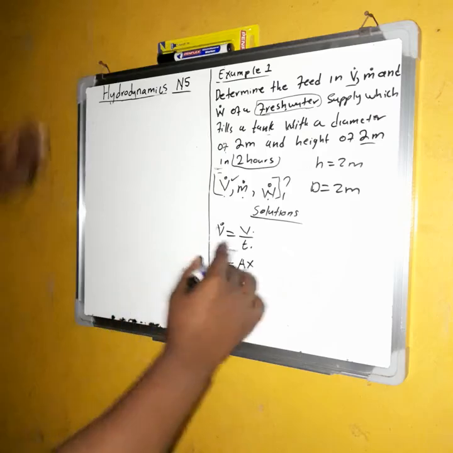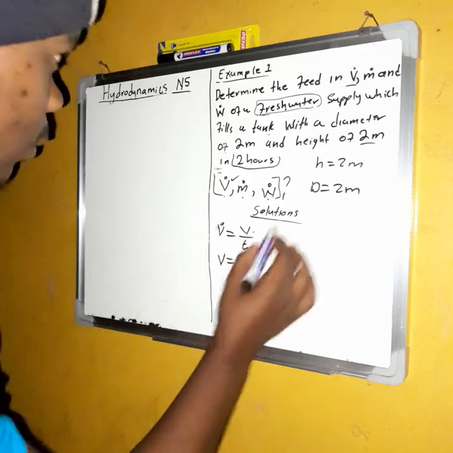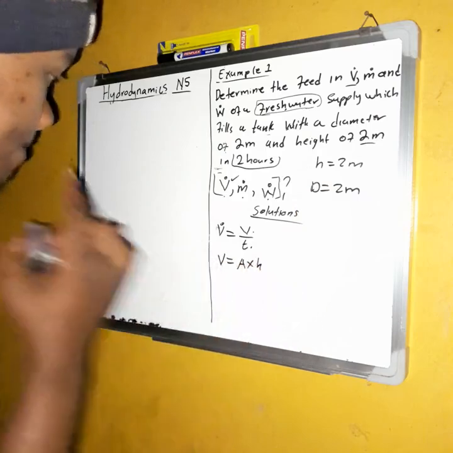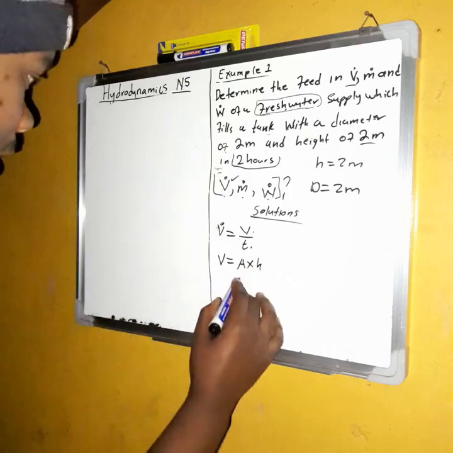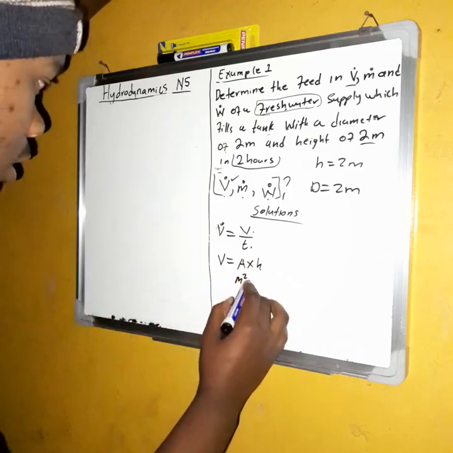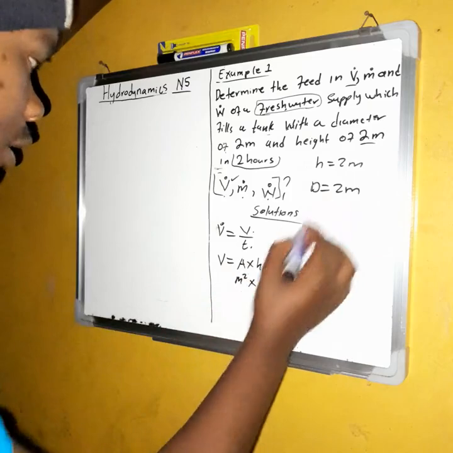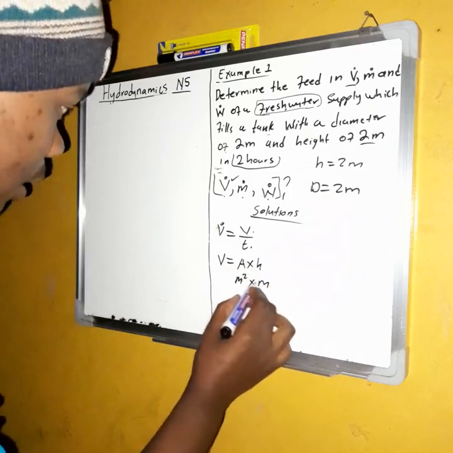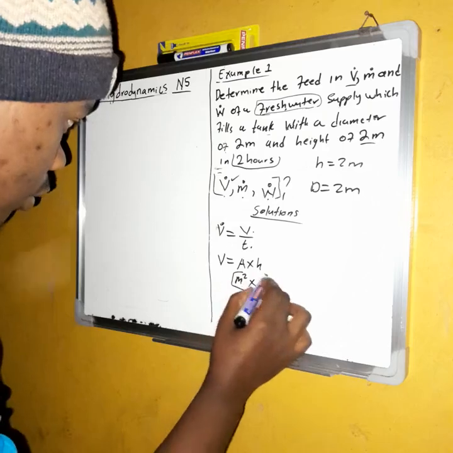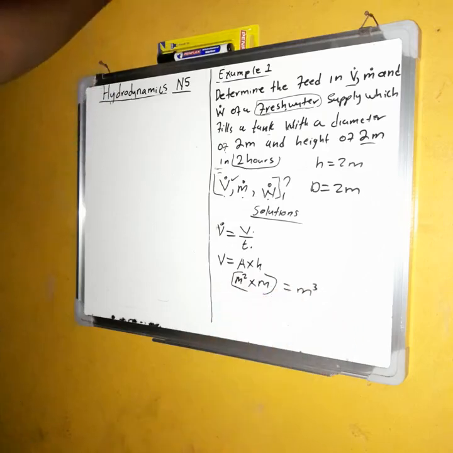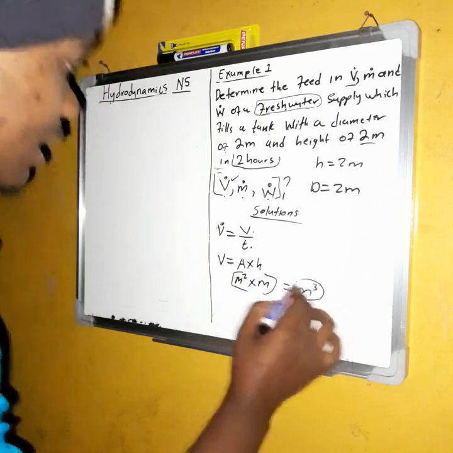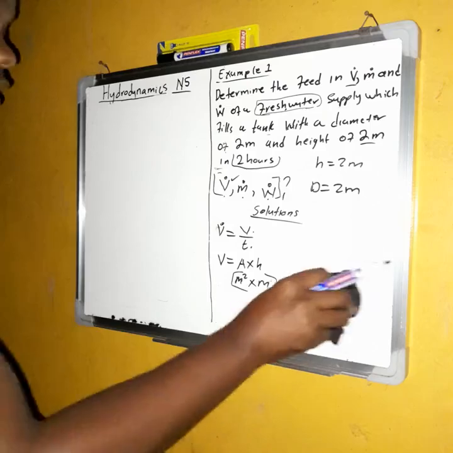This is just the height, h. Why? Because area is measured in square meters and h is measured in meters. When we multiply these two, you will have cubic meters, and volume is measured in cubic meters. That is why we multiply by this height.